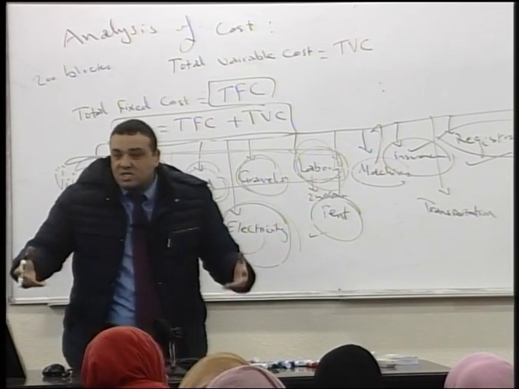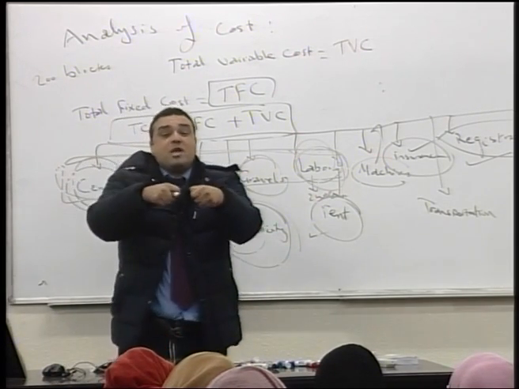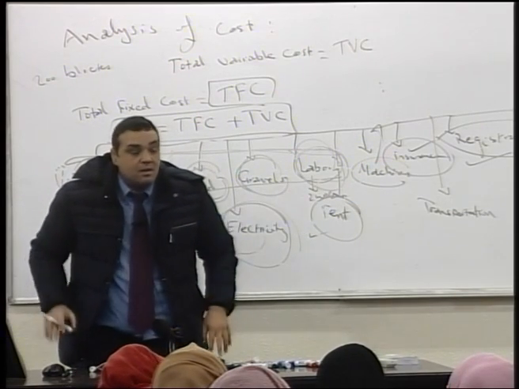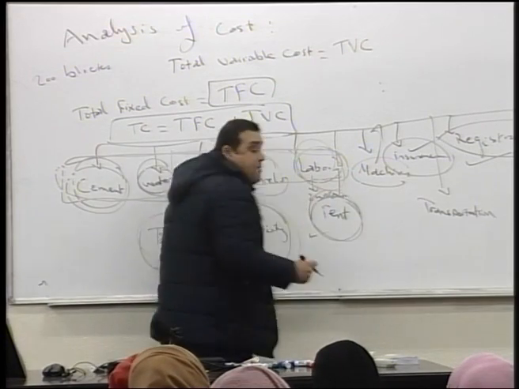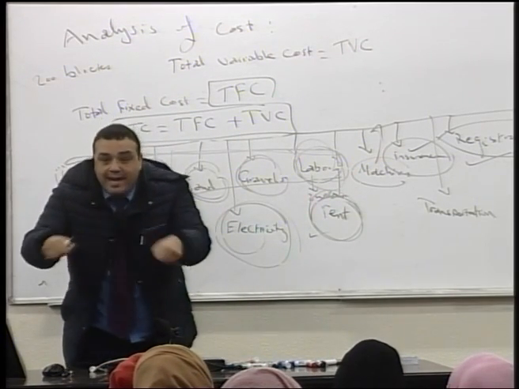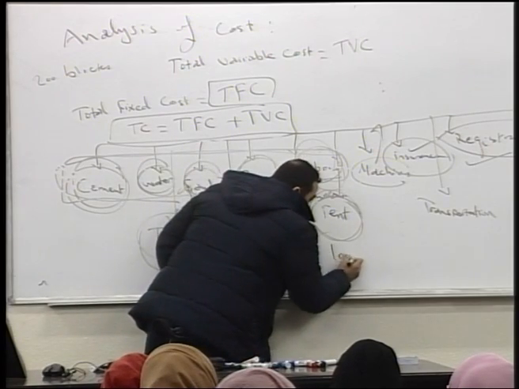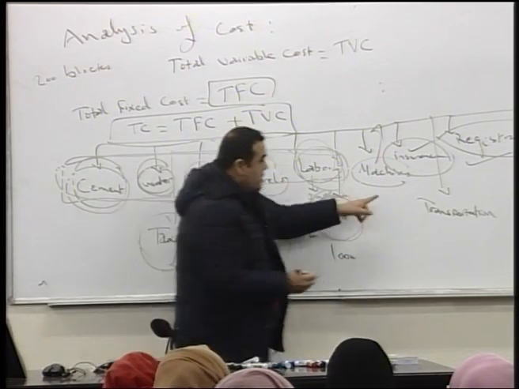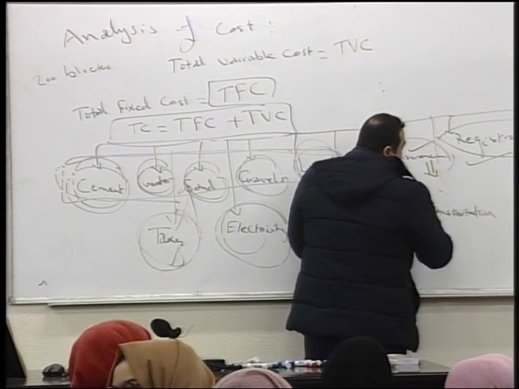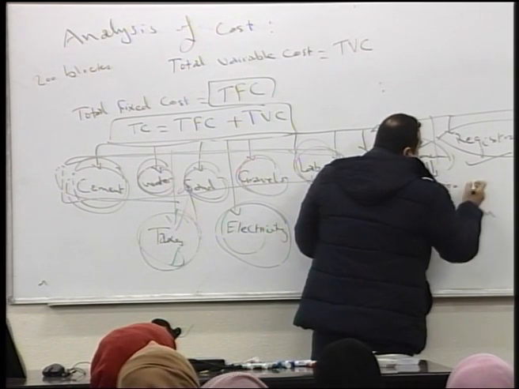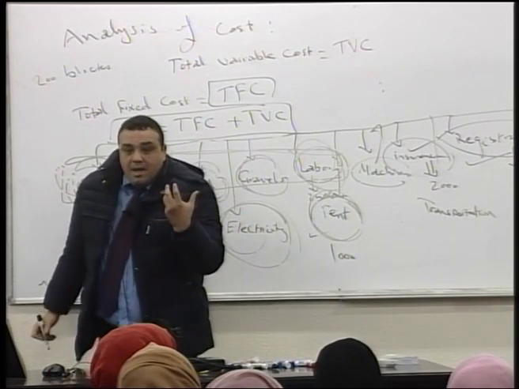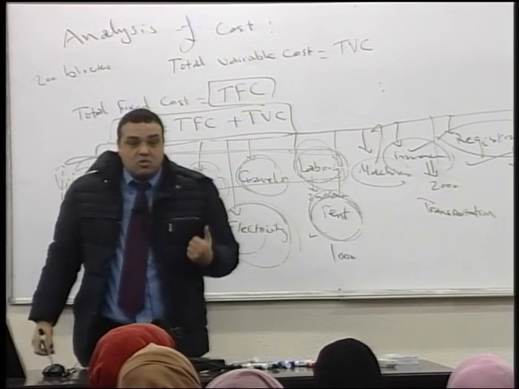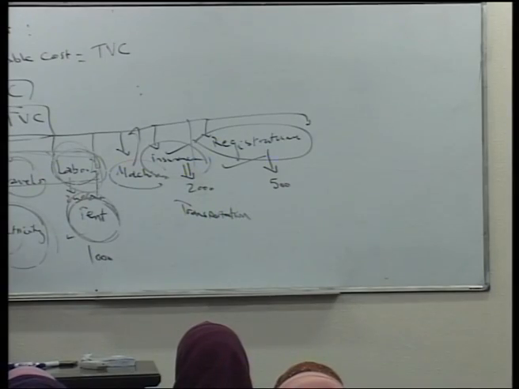If we produce 0 units, let us assume the land rent is $1,000, and insurance is $2,000, and registration about $500. How much is the total fixed cost? TFC equals 1,000.